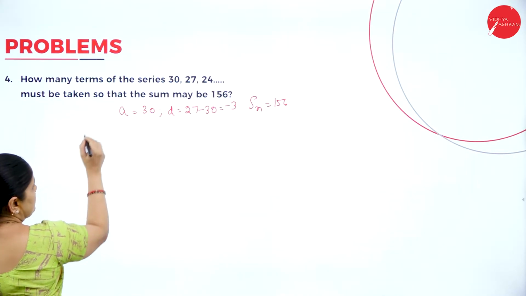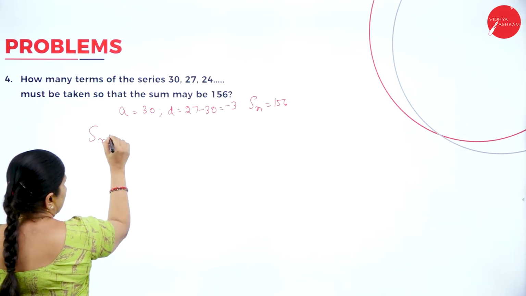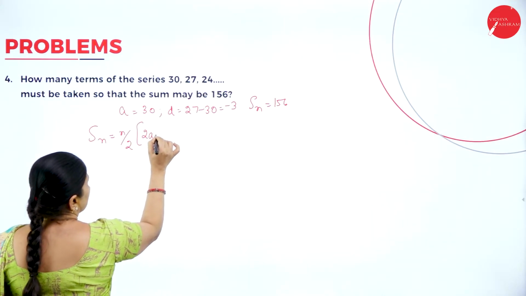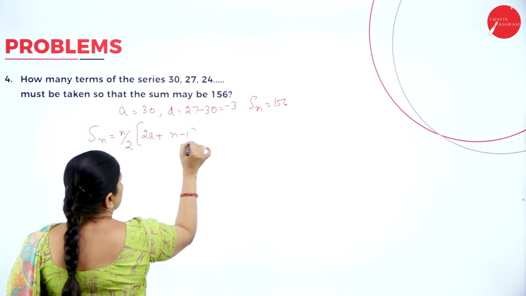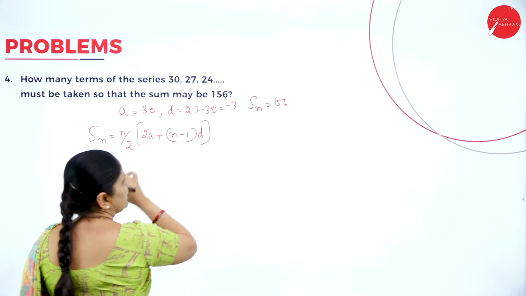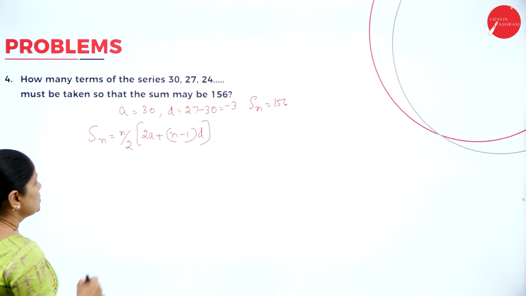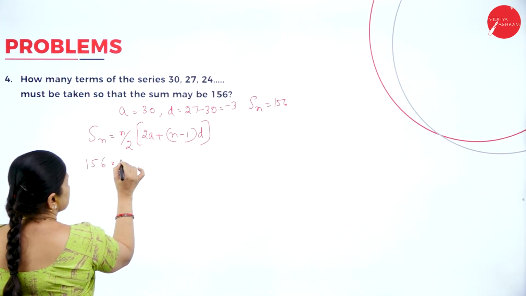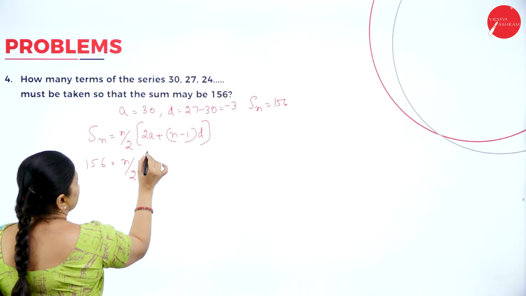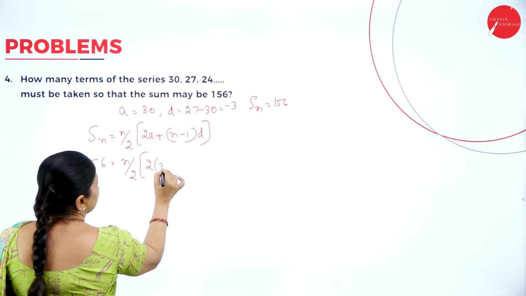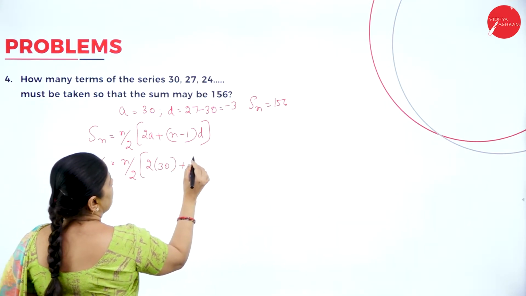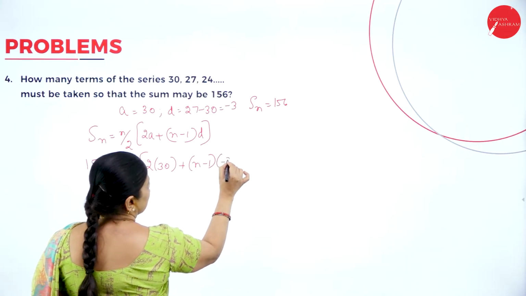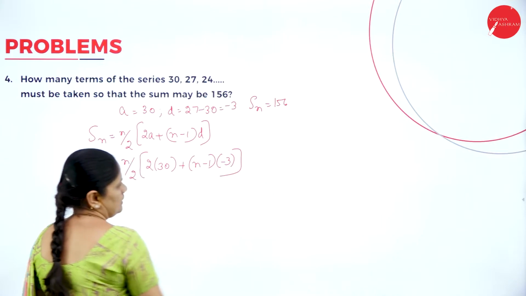Now we use the formula Sn equals n by 2 into 2a plus n minus 1 into d. So this will be equal to 156 equals n by 2 into 2 into 30 plus n minus 1 into minus 3.